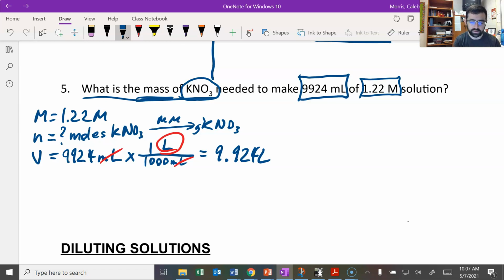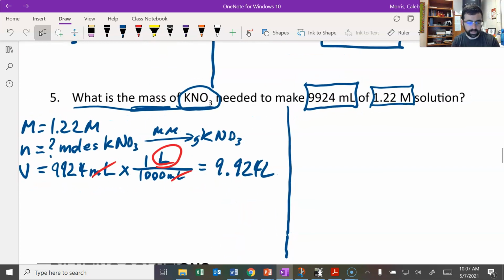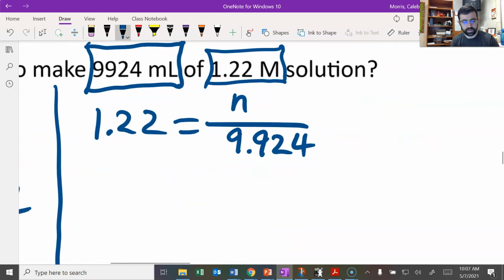I now have liters and molarity, so I can go ahead and solve for how many moles I am going to need to make this solution. So I have 1.22 molar equals N over 9.924. So to solve for N, I just need to multiply those two numbers together.